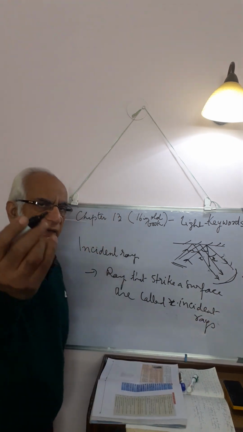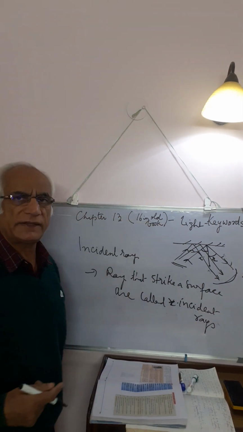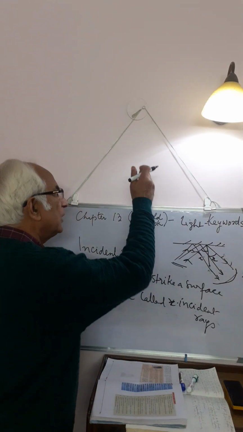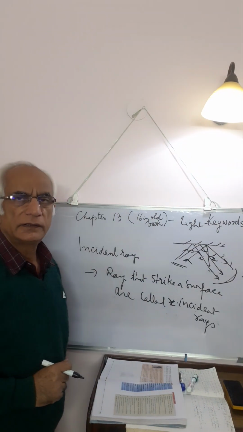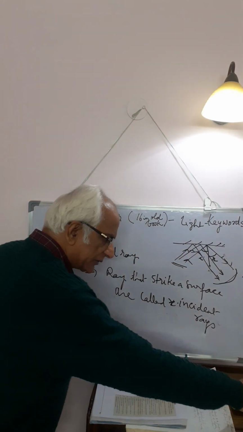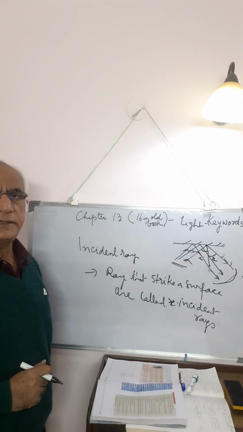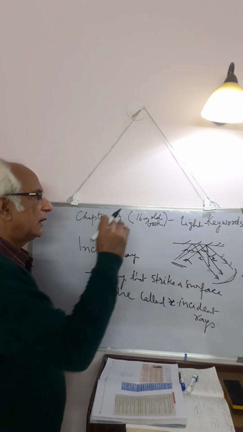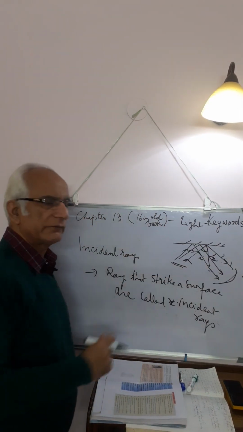For example, the rays that are falling on this whiteboard are incident rays. The rays that are falling on this wall are incident rays. The rays that are falling on this cabinet are incident rays. They are striking the wall or the whiteboard or this thing.